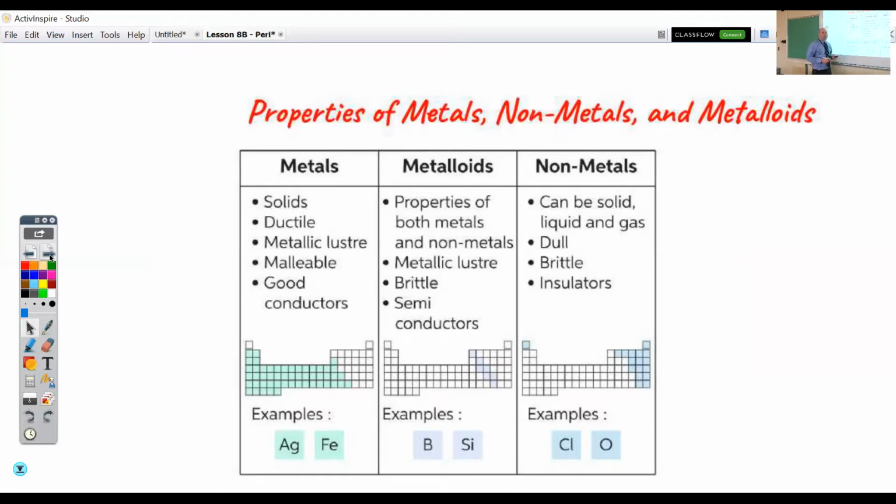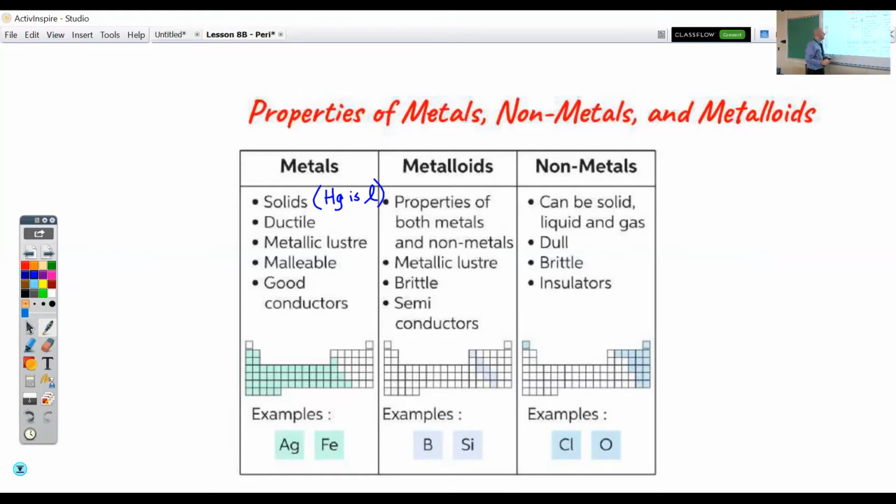So that means that at room temperature, they exist as a solid. There's actually one exception to this, and that is mercury. So I wrote on the screen that mercury is a liquid. It's the one thing that doesn't follow that pattern.